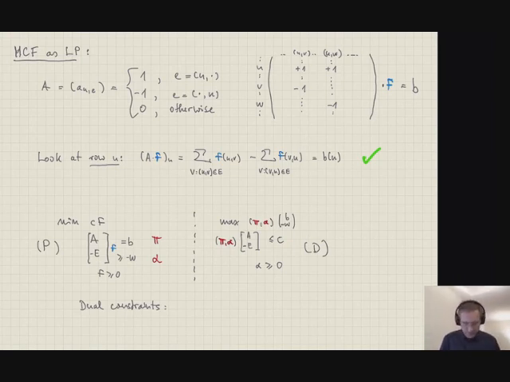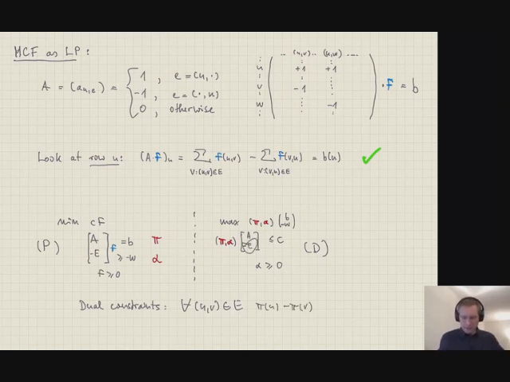And then I get for all the edges UV of the graph, if I look at such a column, I'm collecting pi of u minus pi of v. Okay, pi of u minus pi of v.